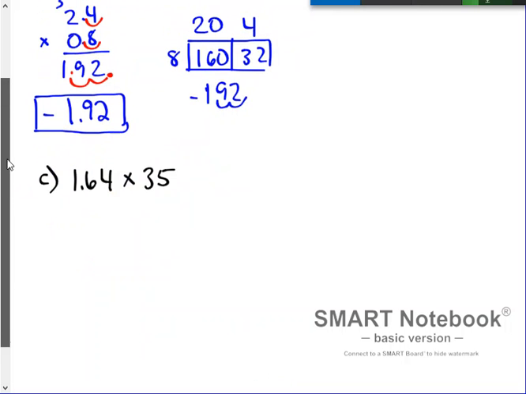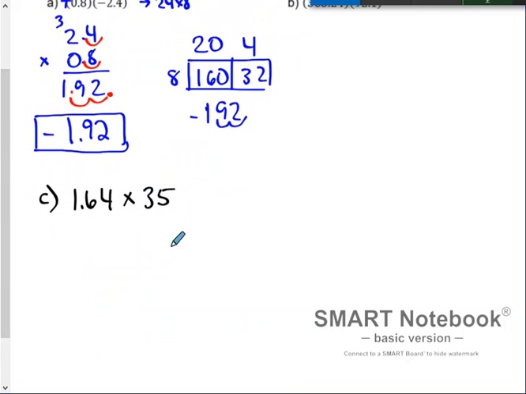As soon as we start getting to like 3-digit times 2-digit numbers, our area model is just slightly more work. You're adding up more numbers. You can still use it, but it is good to know how to multiply vertically. So we are going to be doing vertical multiplication with this.